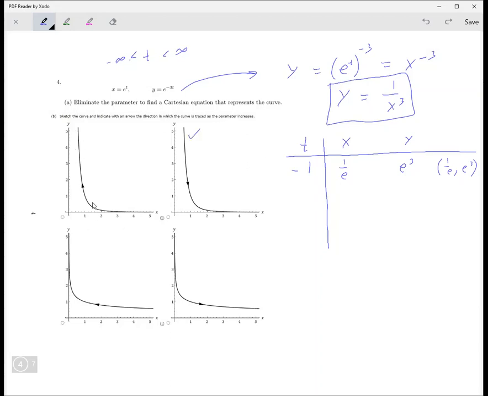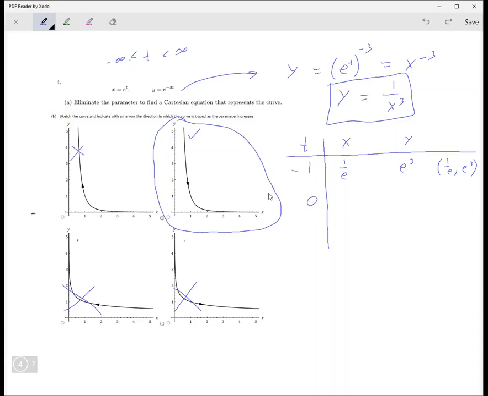It's not going to be this one because it's going the wrong direction. And it's not going to be this one because you want to have a point up here somewhere. So it's going to be neither of those. It's got to be this second one here. And also, the x-axis is going to be a horizontal asymptote, so that eliminates those two.